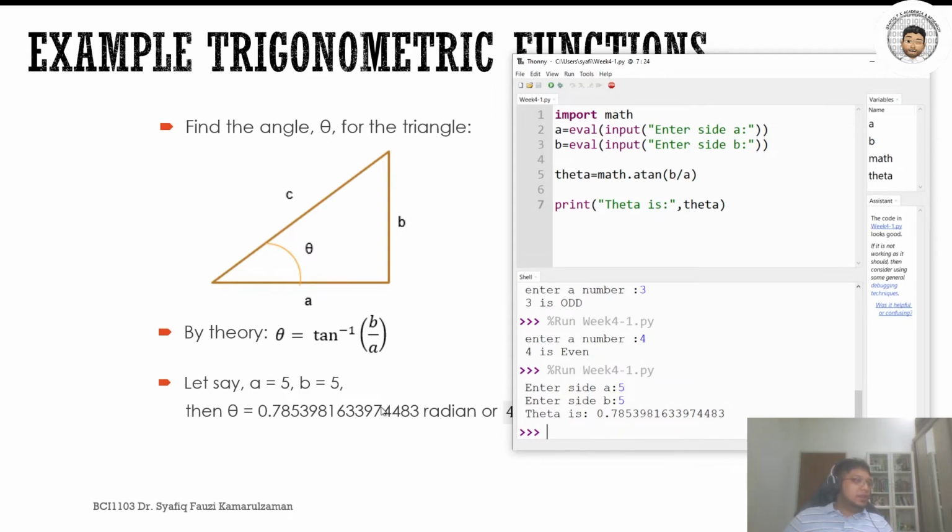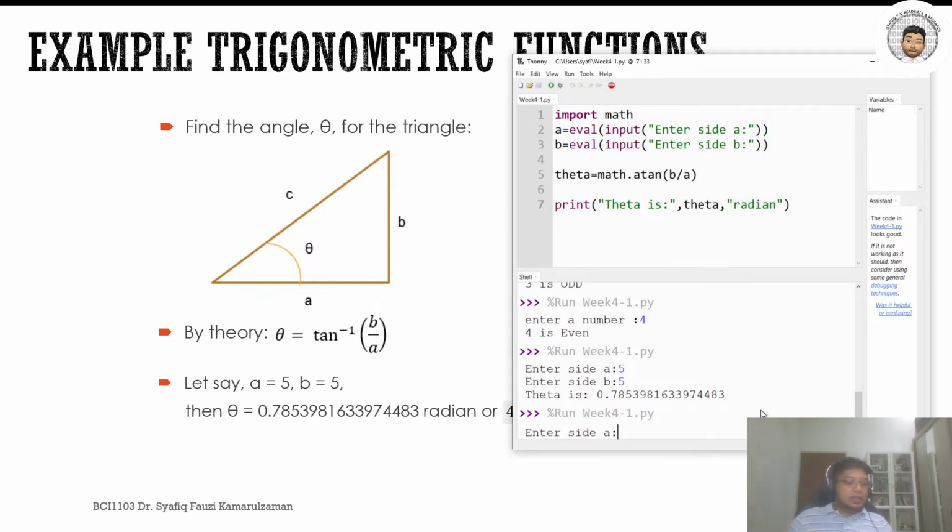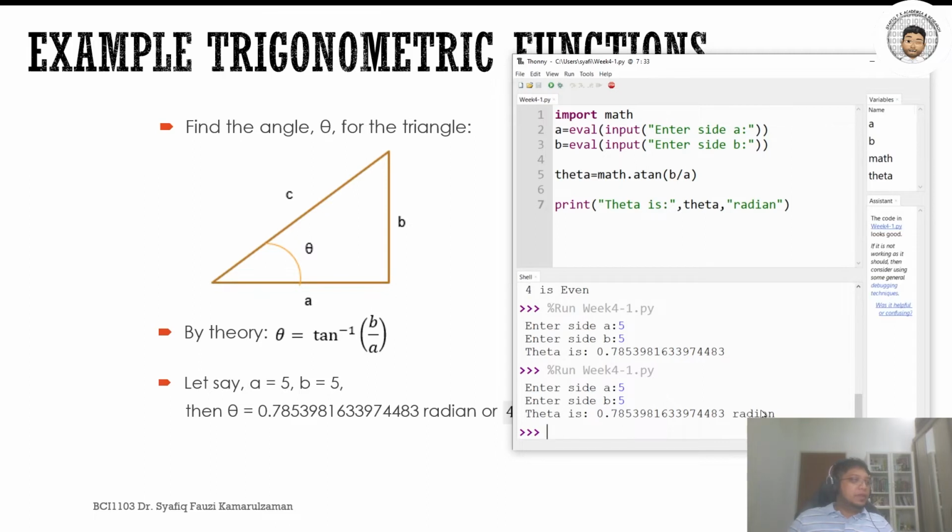So it looks like I'm doing it correctly. You need to put in the units, or your lecturer will be angry at you for writing an answer without units. This is a common thing. So let's run again: side A is 5, side B is 5, and you got 0.785398 radian here.